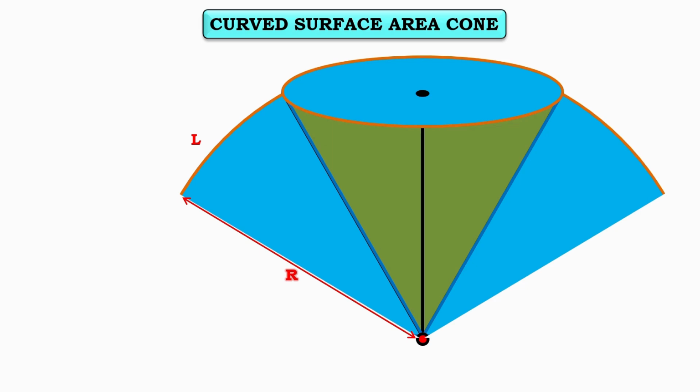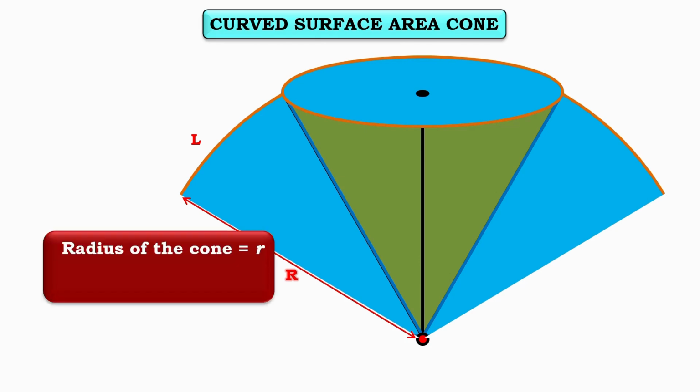So it is basically forming an open cone, where we don't have the circular face, the base one. So the radius of the cone is r over here, smaller.